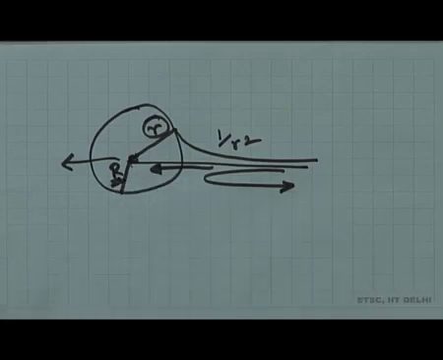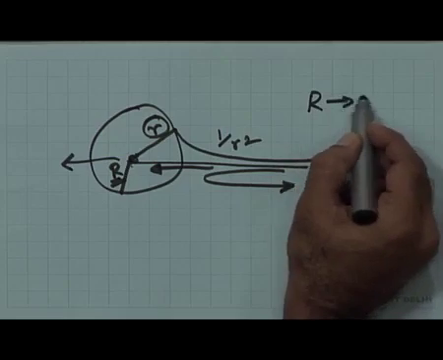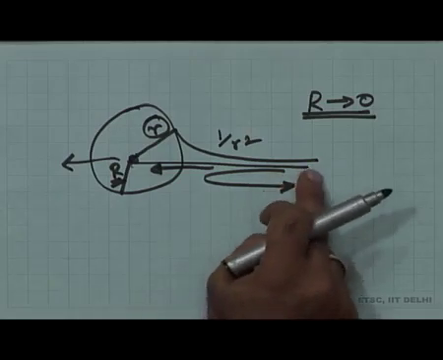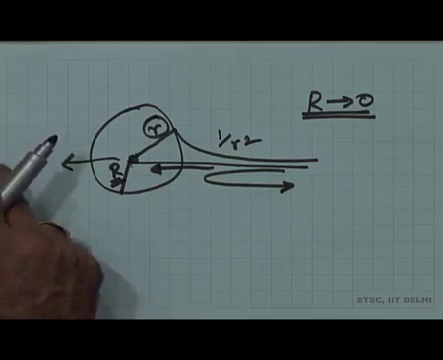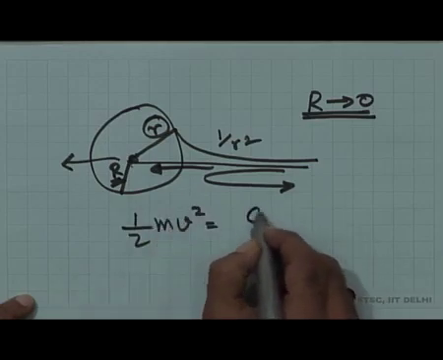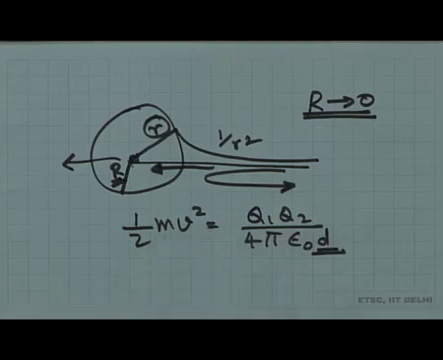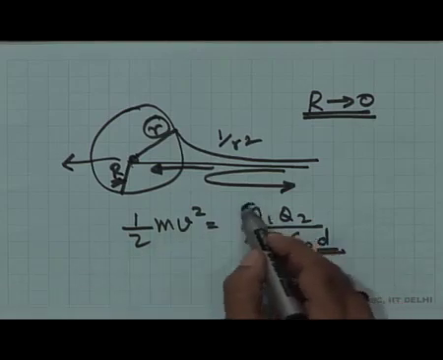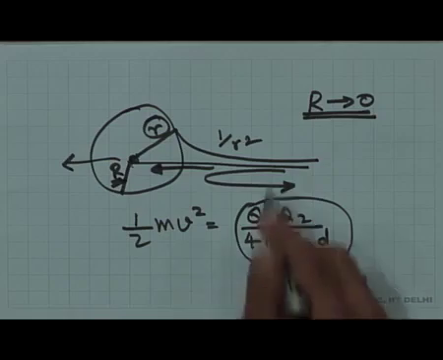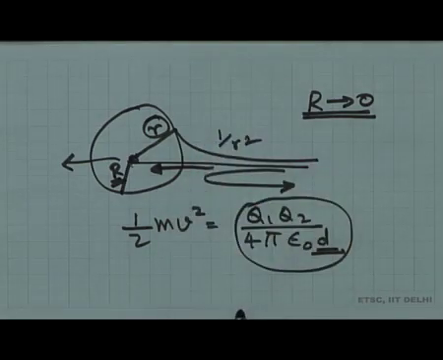If the radius becomes smaller and smaller, the energy required to penetrate it becomes larger and larger, and in fact if r goes to 0, if all the charge is concentrated at one particular point, then there is no way that my alpha particle will be able to pass by the point charge, because there is always a d for which half mv squared is equal to q1 q2 over 4 pi epsilon naught d. If I write this, there is always a d which will satisfy it, because d can be made sufficiently small, therefore this quantity can be made sufficiently large. Therefore whether the plum pudding model is correct or not depends on what the energies are, what the charge distribution radius is, and what kind of scattering we are looking at. This is the way we should understand the Rutherford experiment.